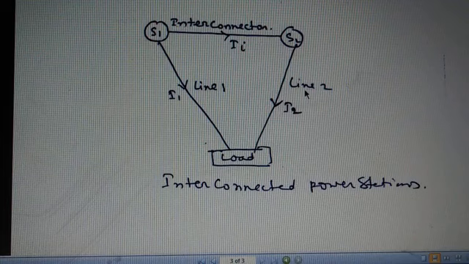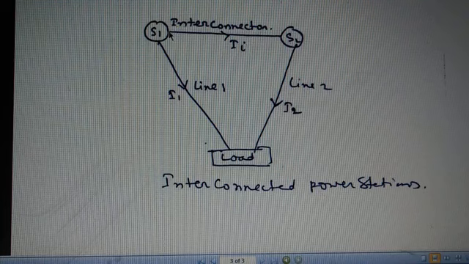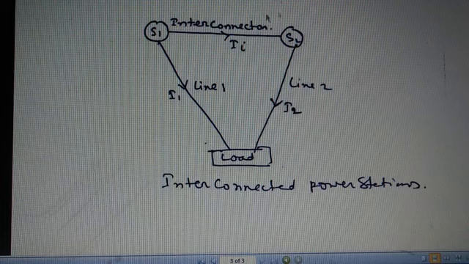The power stations are also interconnected by an interconnector. So this is the interconnector, connected between the two power stations, which carries a current denoted by capital I suffix small i. The transfer of power takes place as shown in the arrow direction.